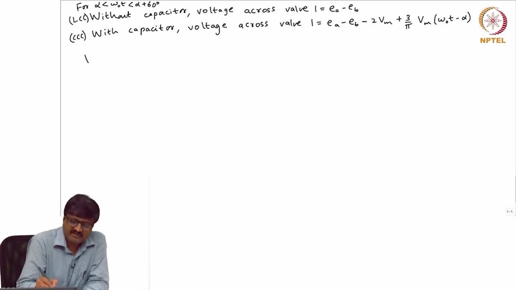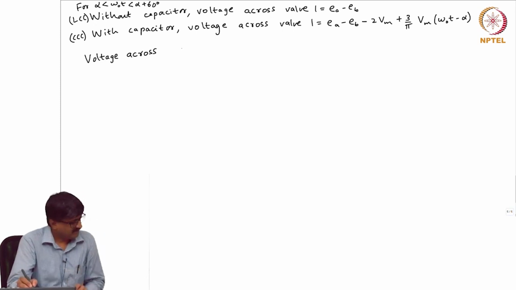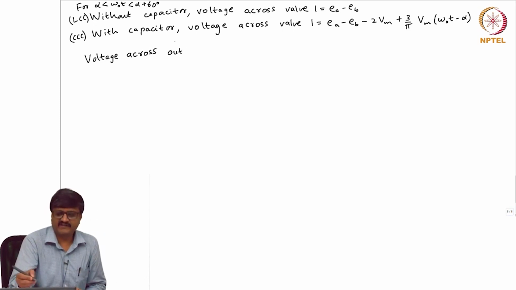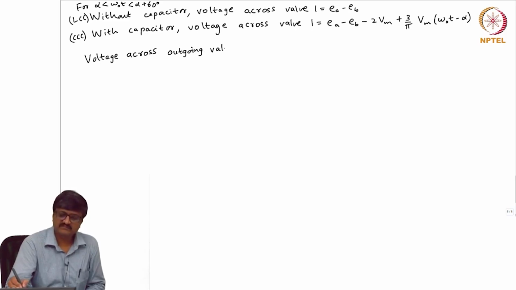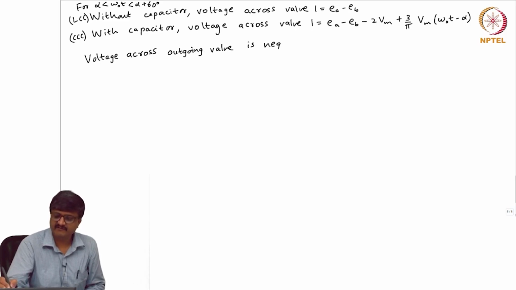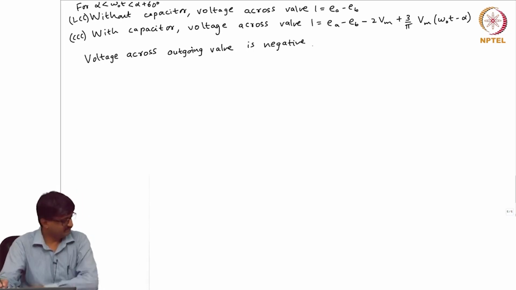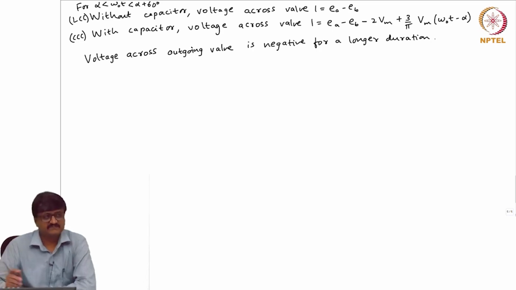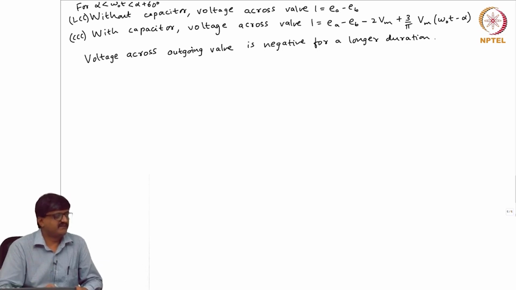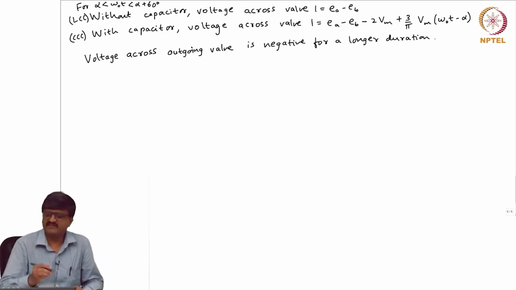So, the voltage across the outgoing valve, though I have taken just the example of valve 1, any outgoing valve, is negative for a longer duration, compared with the situation of LCC.